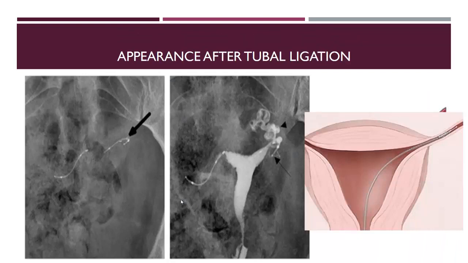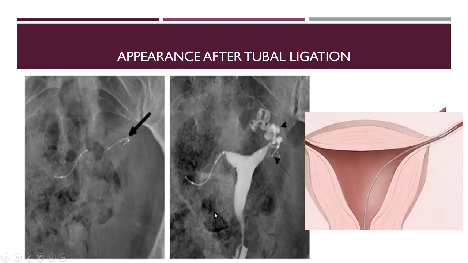We have a different appearance also after tubal ligation. We can put these structures. It can be done under fluoroscopic imaging in order either to ligate the fallopian tube or to recanalize the fallopian tube, and this is how we place the guide wire in the proximal part of the fallopian tube.